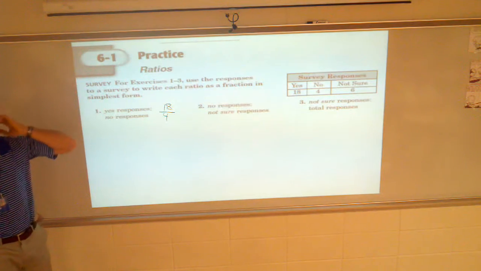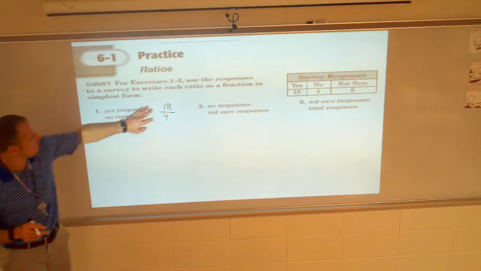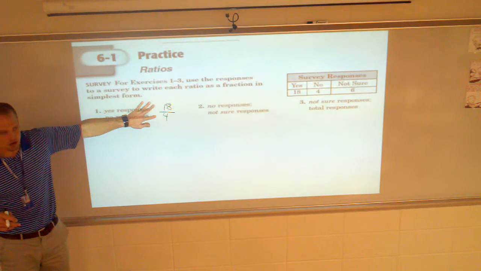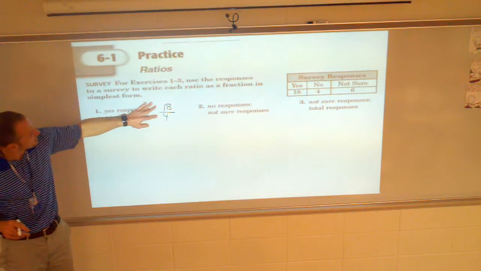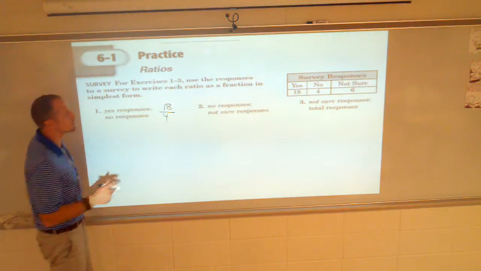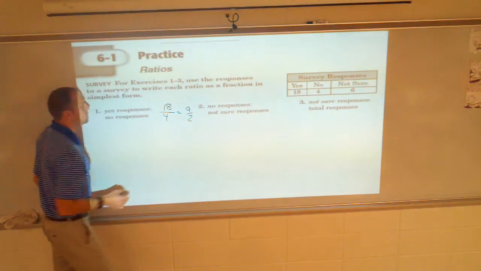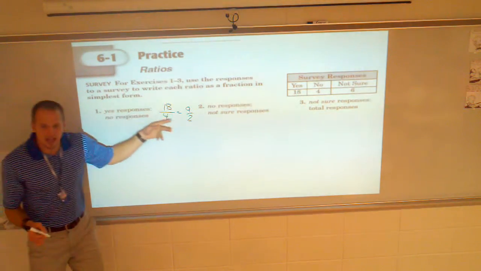Now, when I say simplest form with ratios, all I want you to do is reduce it. I don't want you to make it a mixed number. So, just looking at 18 and 4, what can I divide both of these by? 2. So, this is going to be 9 over 2. The ratio of people who said yes to no was 9 to 2.